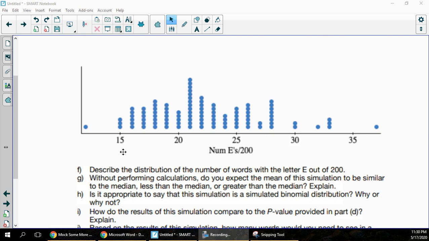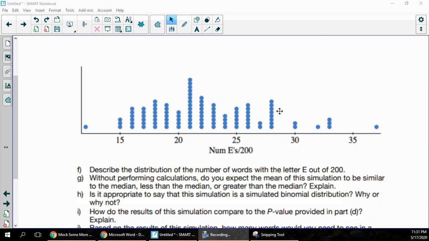So describe this distribution. It looks like it's approximately symmetric. Remember, that kind of jibes with what we said about having large counts earlier. And then you need to include the center, the unusual observations, and the spread. So you could call these two numbers out here unusual if you wanted to.